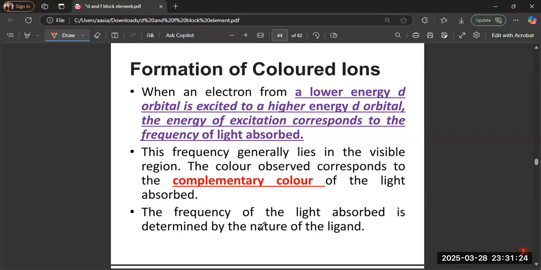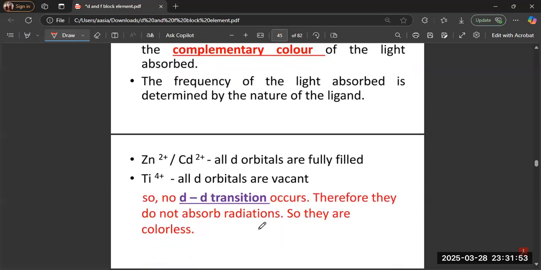The frequency generally lies in the visible region, and the color observed corresponds to the complementary color of the light absorbed. The frequency of the light absorbed is determined by the nature of the ligand.